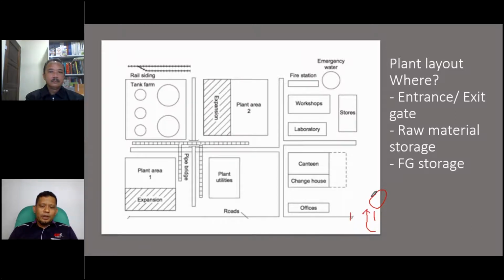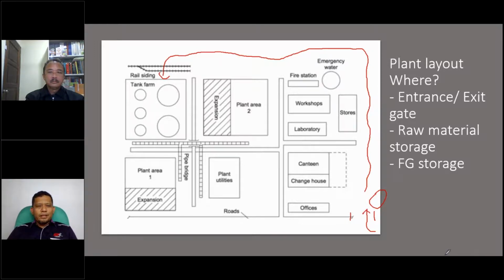Maybe they have a weighing bridge, quite common in chemical plants, so they have to weigh all the chemical or raw material. Then the truck driver drives through this road until it comes to the pump station, where it can pump out the material.